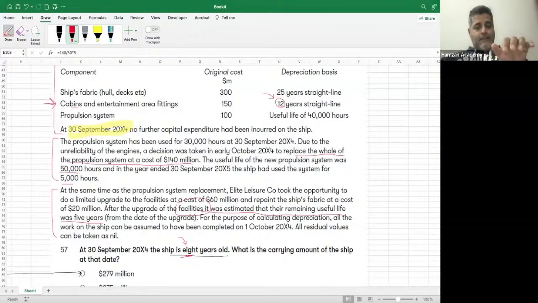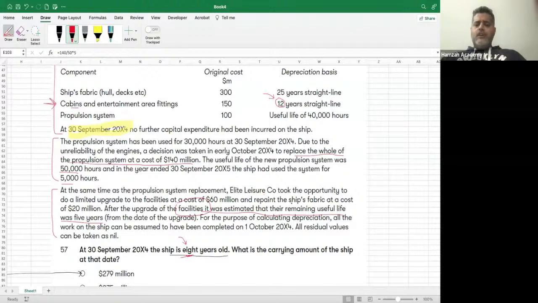At the moment, the total life was 12, 8 were gone, 4 were remaining. After the upgrade, the life increased from 4 to 5 years. So the life increased, it has to be capitalized. So this upgradation of 60 million has to be capitalized.